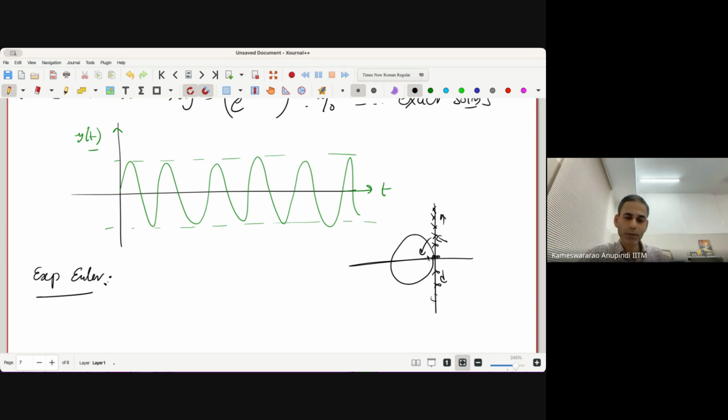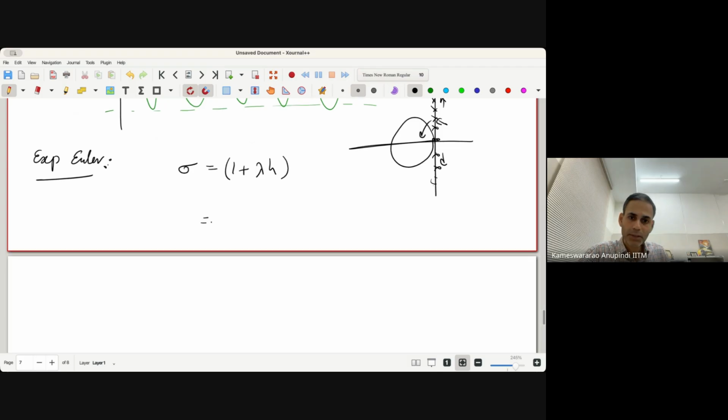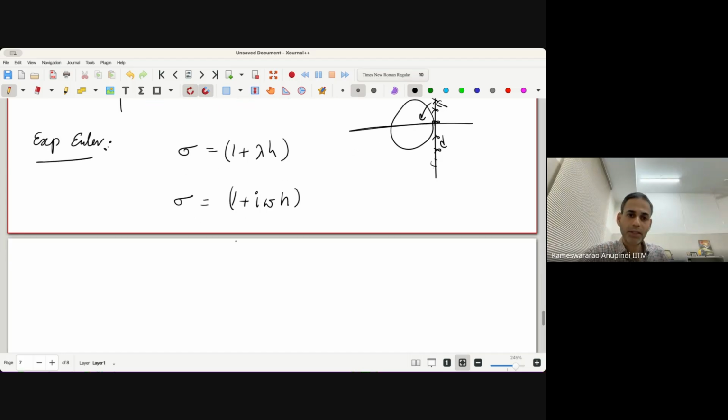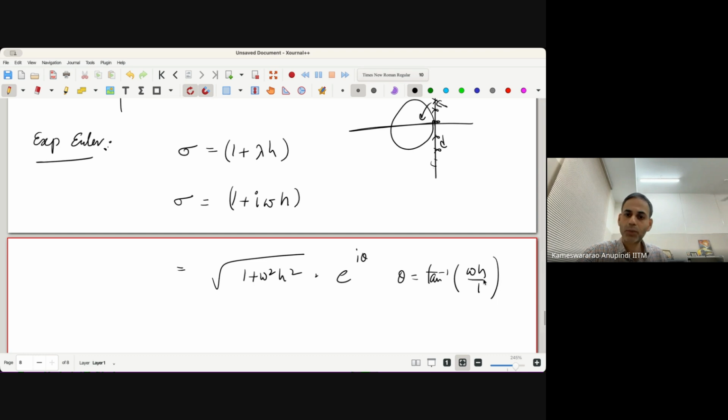However, I would like to take a look at what exactly the explicit Euler method is doing. We know that sigma equals 1 plus lambda h for the explicit Euler method. That means this is 1 plus I omega h, which is the square root of 1 plus omega squared h squared times e to the power I theta, where theta equals tan inverse of the imaginary part, omega h, divided by the real part, 1.